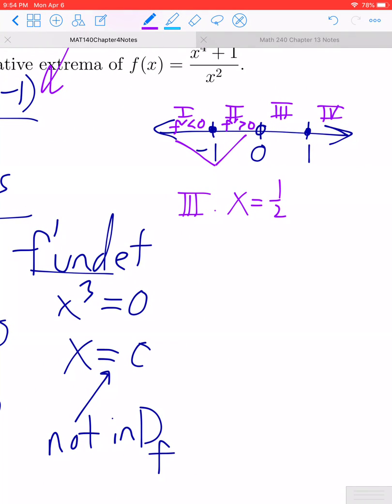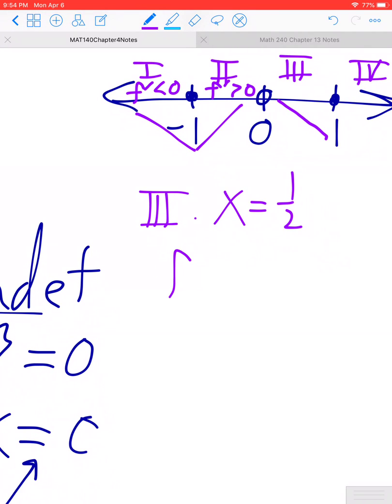So the value of f prime at +1/2 is going to end up being the negative of the value of f prime at -1/2. And so what you should find out is it's going to be negative here. F prime of 1/2 should be negative, which means that the function is going to be decreasing.